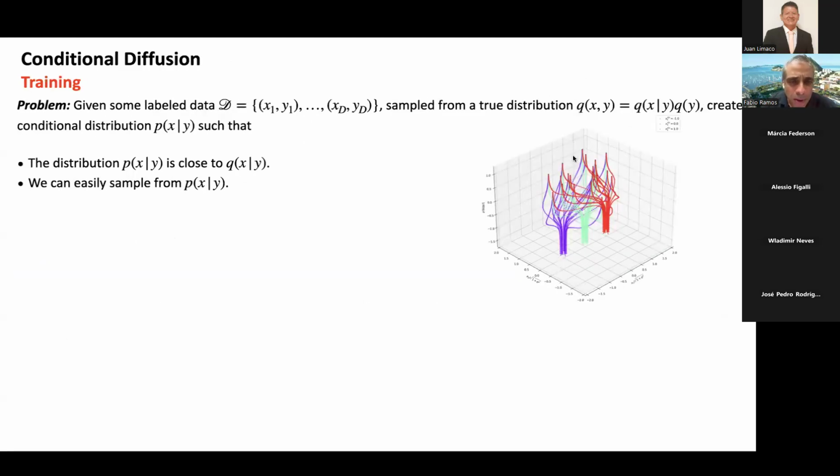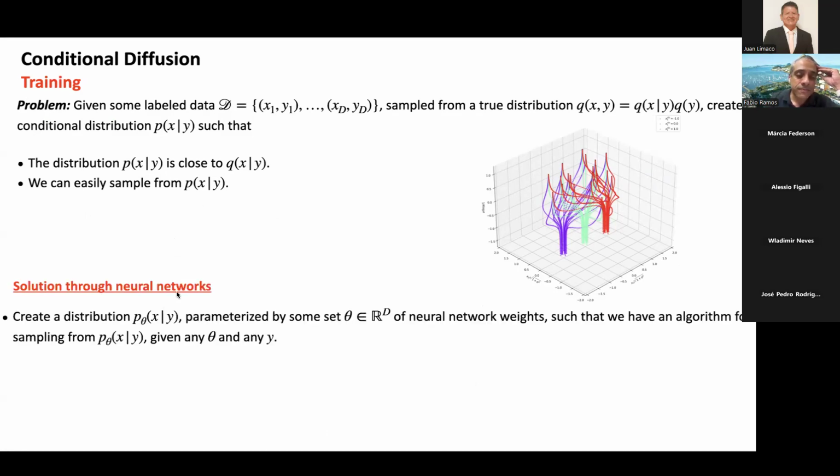I don't have time to talk about this, but essentially your data now has labels, the porosity, the race, the type of dog. So you have the labels, you have the joint probability distribution. And I want to approximate the conditional distribution, right? That's my goal, so that I can easily sample from this.